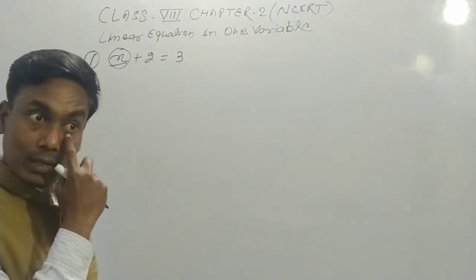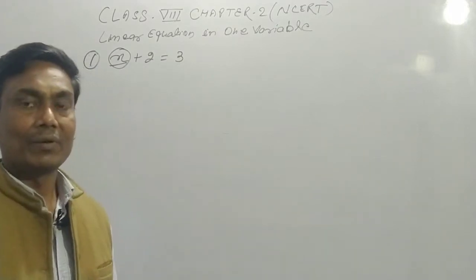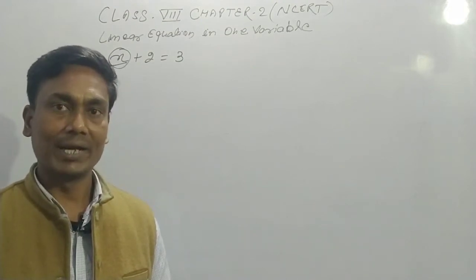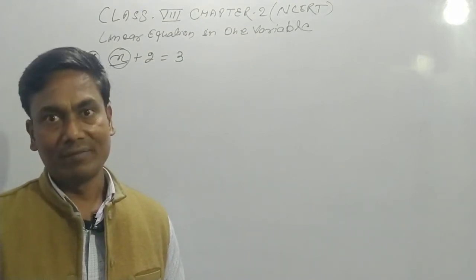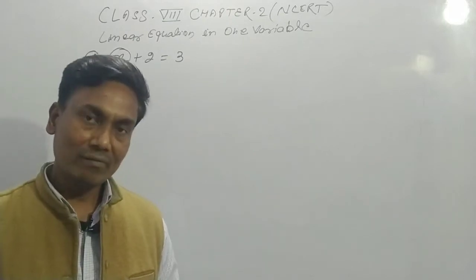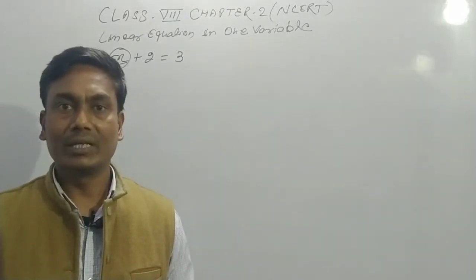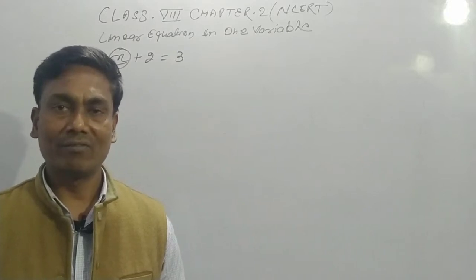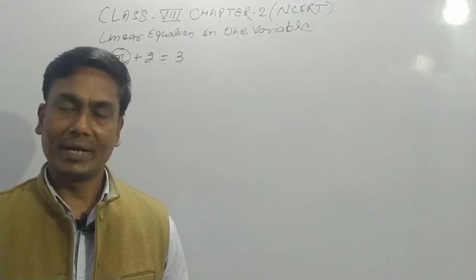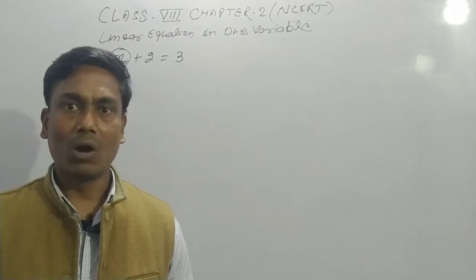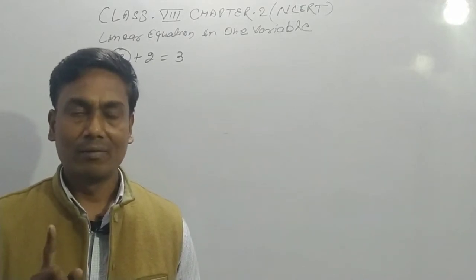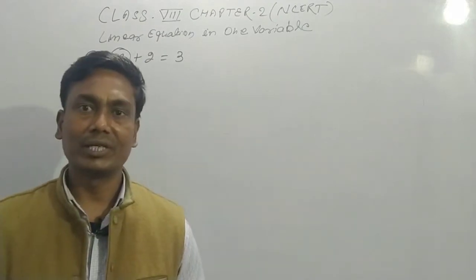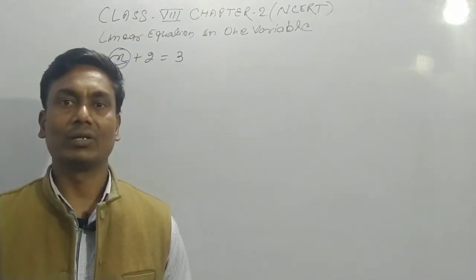The condition of a linear equation says that the highest power of the exponent of the variable will always be 1, not more than 1. Then we say that the given equation is a linear equation.